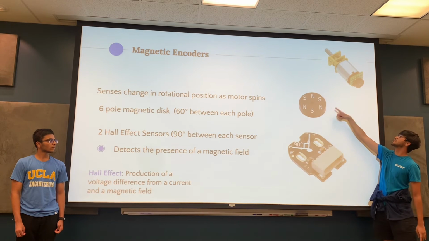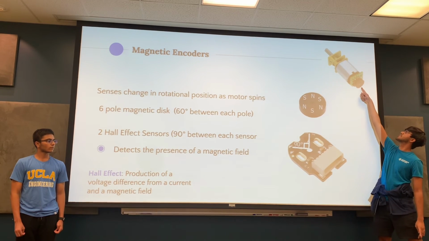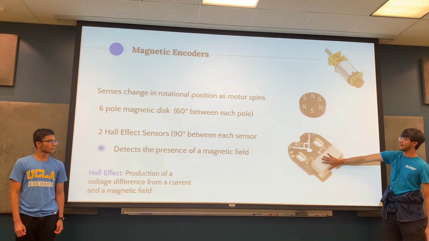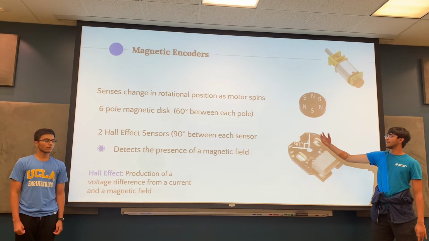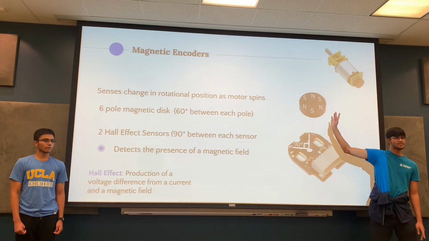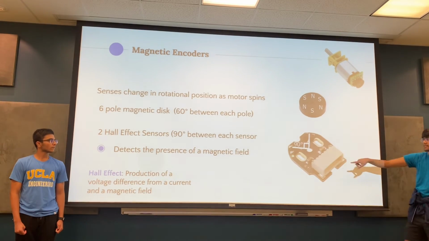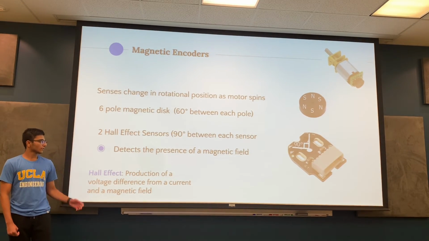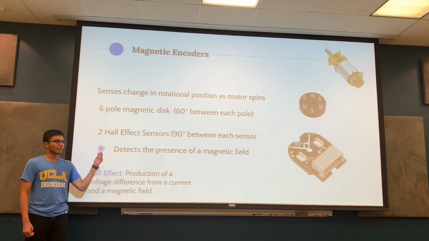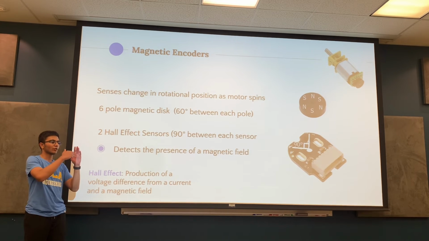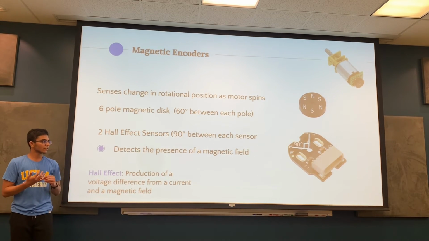So this magnet will literally spin as the back shaft spins, and this attachment is stationary, so it can measure the number of times these north and south poles pass by these 2 sensors. Based on how many north-south poles have gone by, it can tell how much the motor has actually spun.